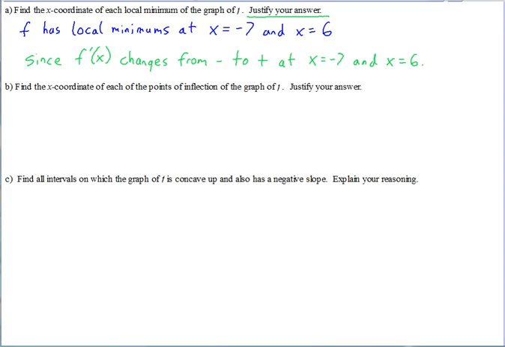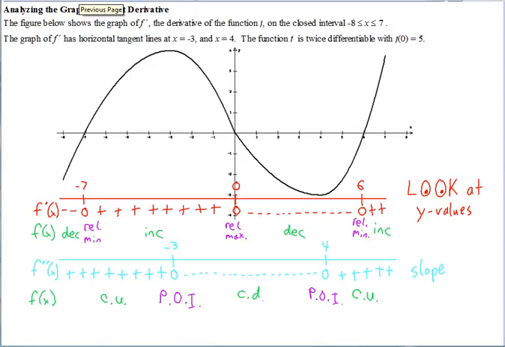So now we can answer part B and say f has points of inflection at, let's look back at our graph real quick, x equals negative 3 and x equals 4.